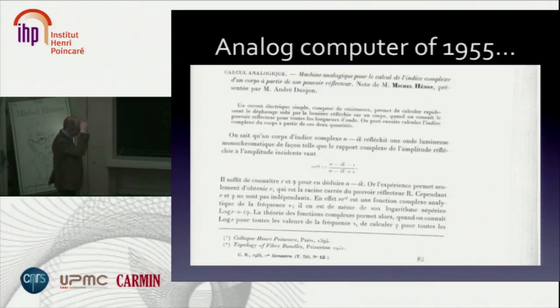Then, when Michel started working in the Institut d'Astrophysique de Paris here, in his thesis he employed another analog computer which was implemented, I mean, a real physical system experimentally, for integrating differential equations.